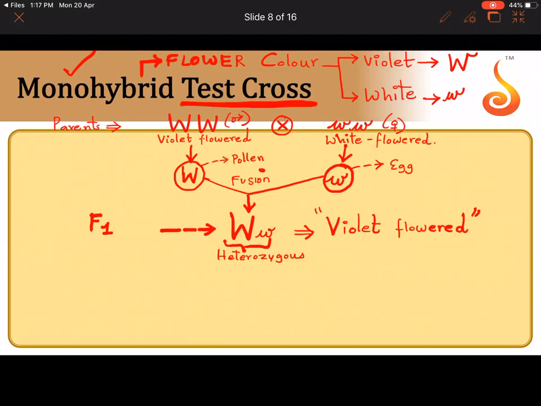But actually imagine Mendel, when he was conducting his experiments, he knew that the flowers were violet because violet is a phenotype. He could see with his eyes that the flowers were violet. But he did not know whether it was homozygous violet or heterozygous violet. How do you know it is heterozygous violet? Because I have written it here.